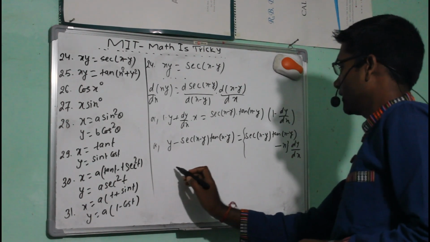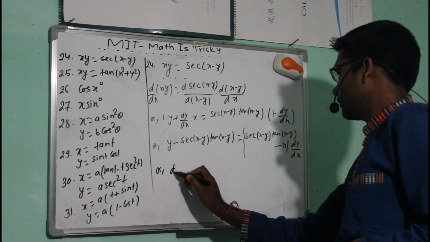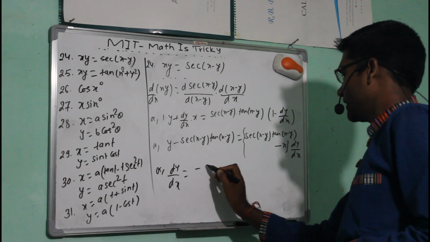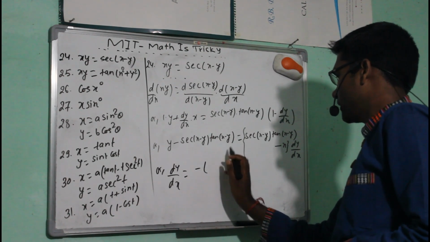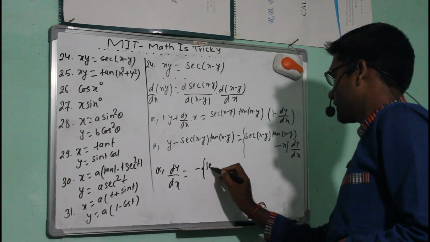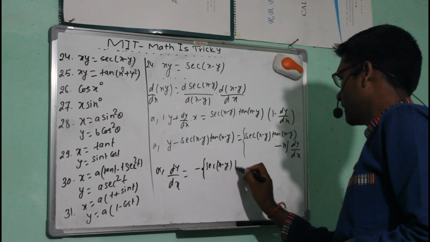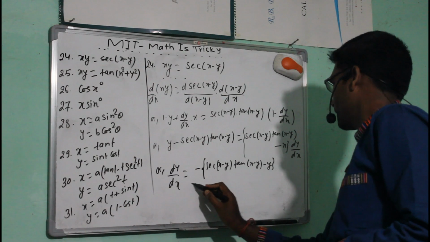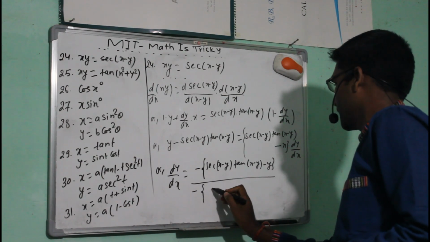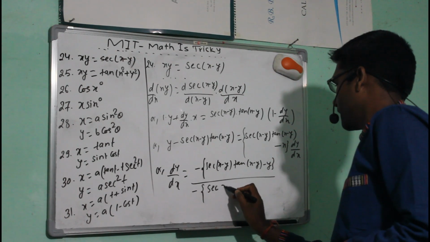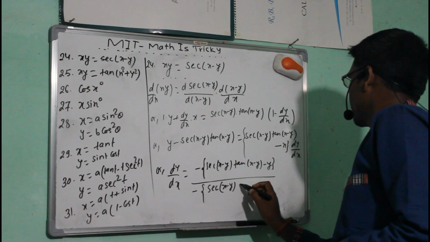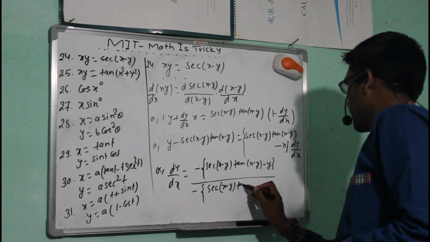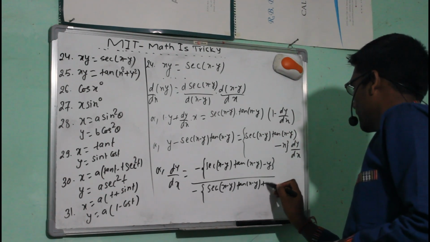So we can write dy by dx equals simply minus, if we take common, sec x minus y tan x minus y by, if we take minus common, sec x minus y and then tan x minus y plus x.